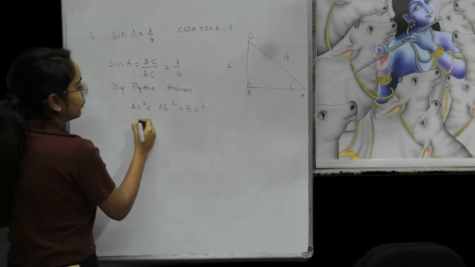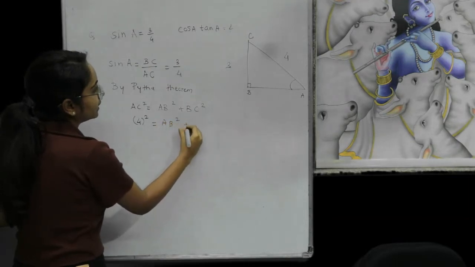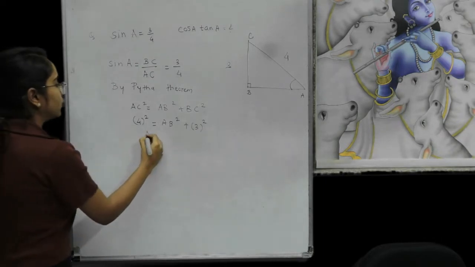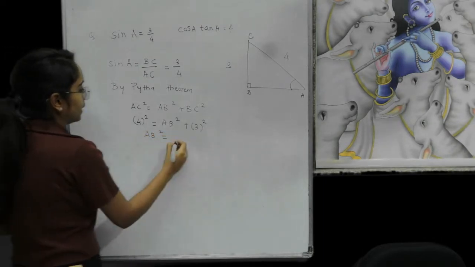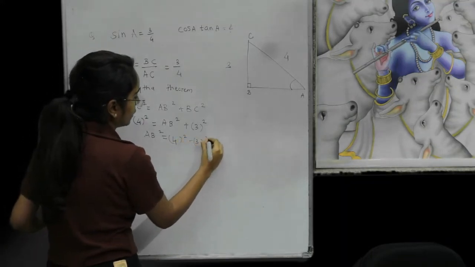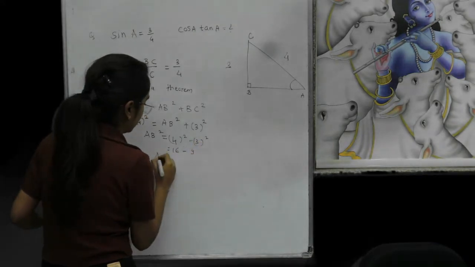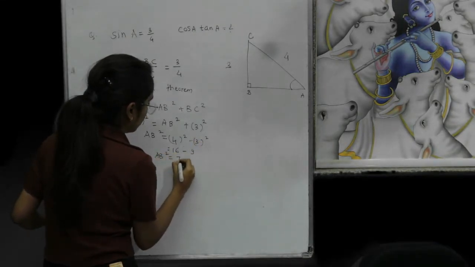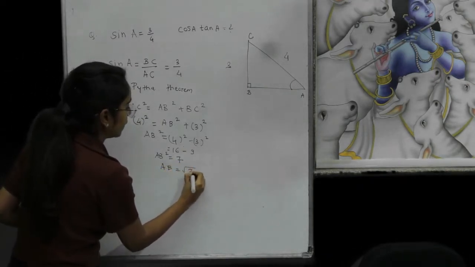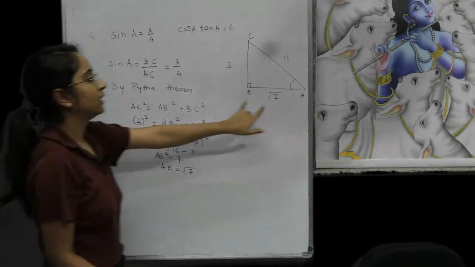Now we have the value of AC is 4 square and AB is not known to us, we have to find that, and BC is 3 square. So now we will get the value of AB square as 4 square minus 3 square, which comes to be 16 minus 9, AB square is 7. So AB comes to be square root of 7. Now we have the value of AB, and we will put the value in the triangle.